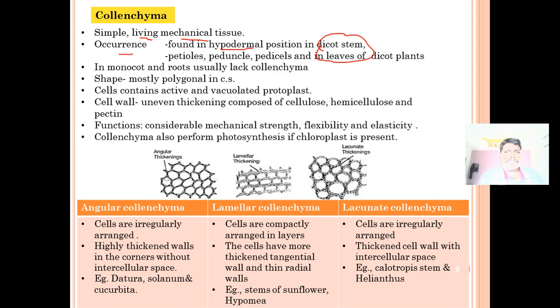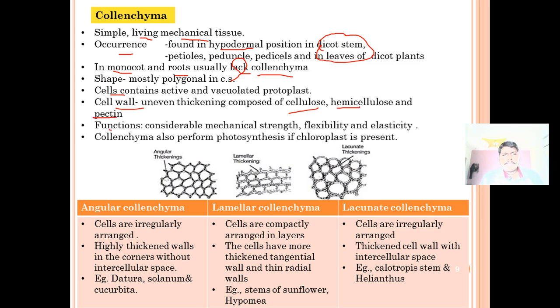Two to three layers of hypodermal cells are made up of collenchyma. Collenchyma is totally absent in monocots as well as in roots. It has a polygonal shape. Cells have an active, vacuolated protoplast. The cell wall is composed of cellulose, hemicellulose, and pectin.